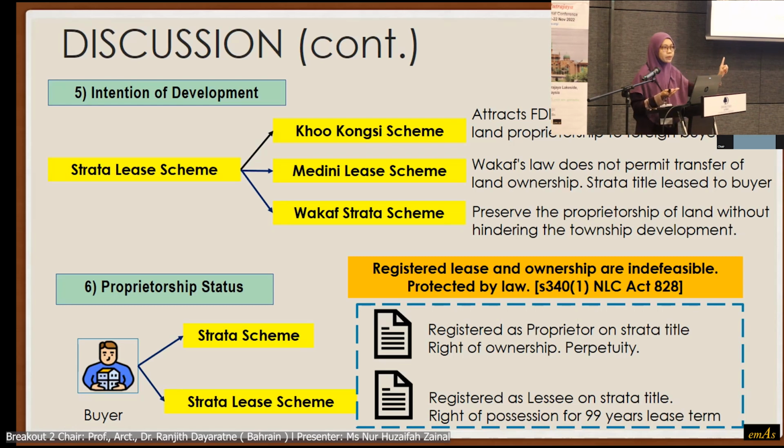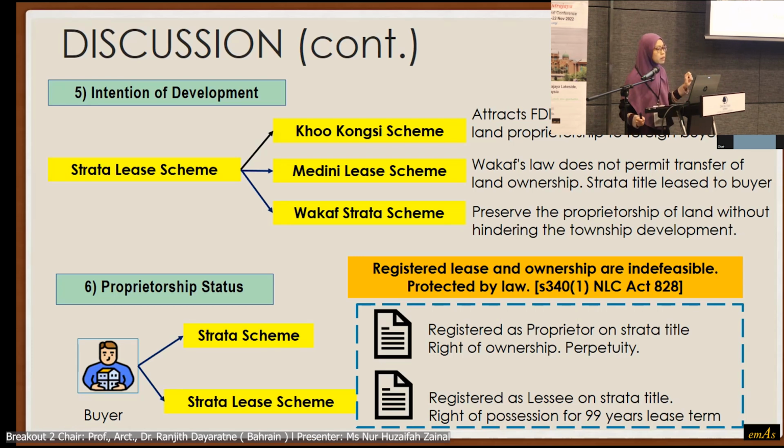For example, in a normal strata scheme, you are meant to sell the units to the buyer. When you bought the unit, you are given a strata title as the owner of the unit.